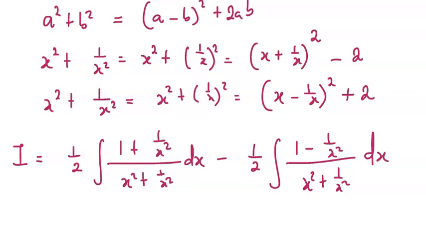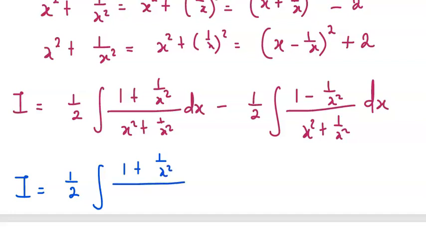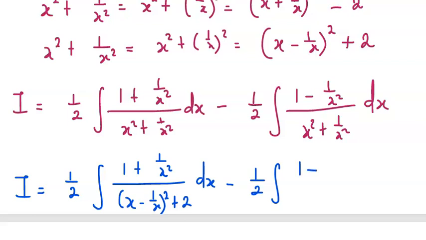So our I is going to be equal to 1 over 2 times the integral of 1 plus 1 over x squared, and then for this denominator, that is going to be x minus 1 over x whole squared, and then plus 2, then dx, and here minus 1 over 2 times the integral of 1 minus 1 over x squared, and then divided by x plus 1 over x whole squared, and then minus 2, and then we have our dx.